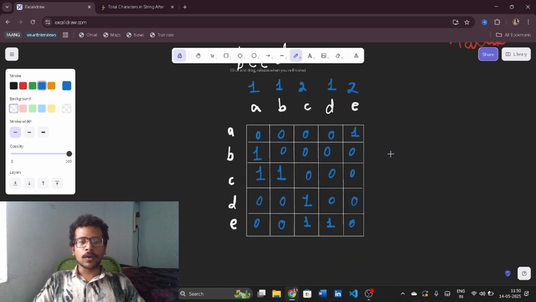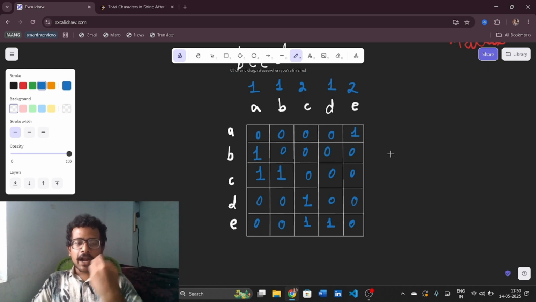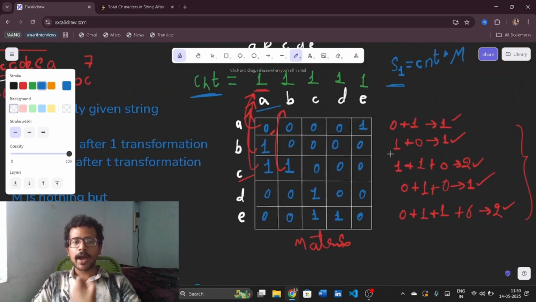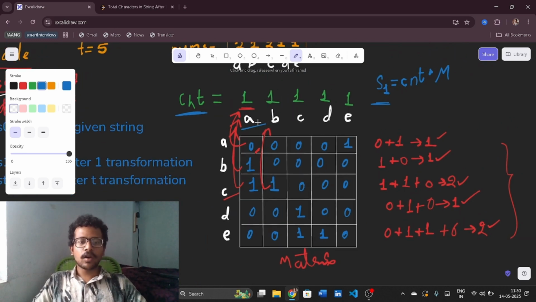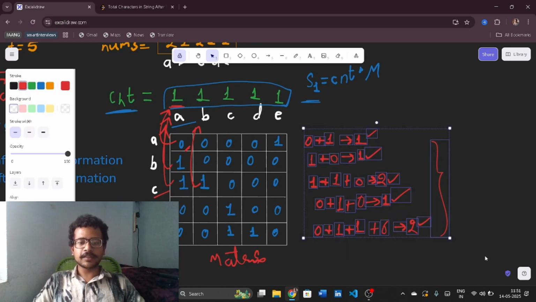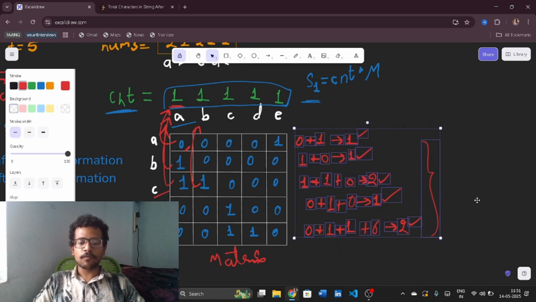Right. Now I am transitioning it again. So here comes the question, right? Here, if I see and go to the previous one, I got the count as this one. I got this count. Now, what I'll do is just take this 1, 1, 2, 1, 2.